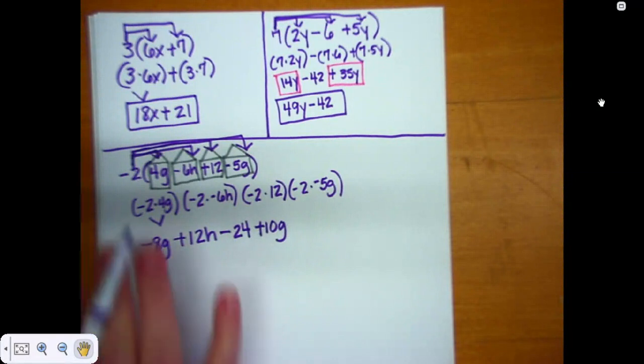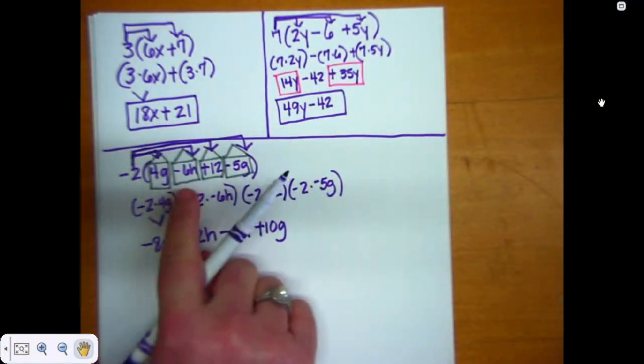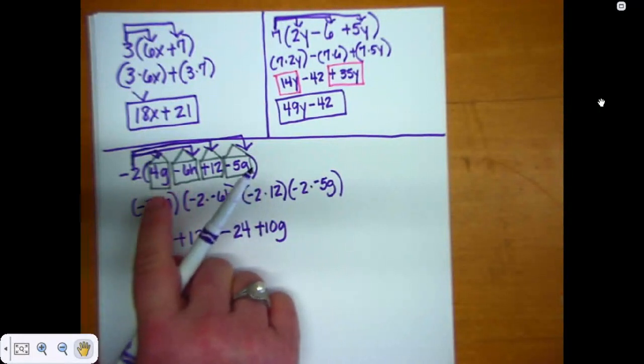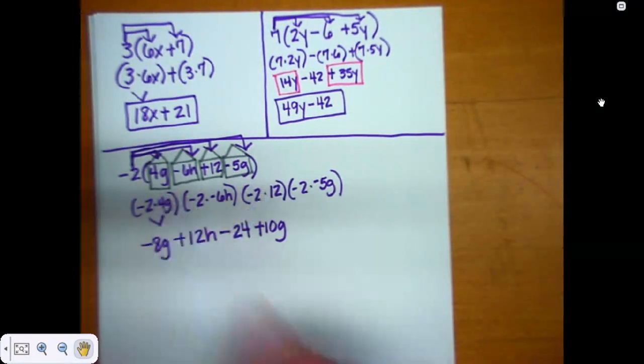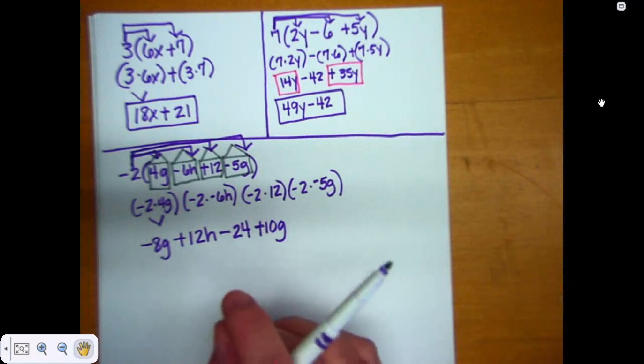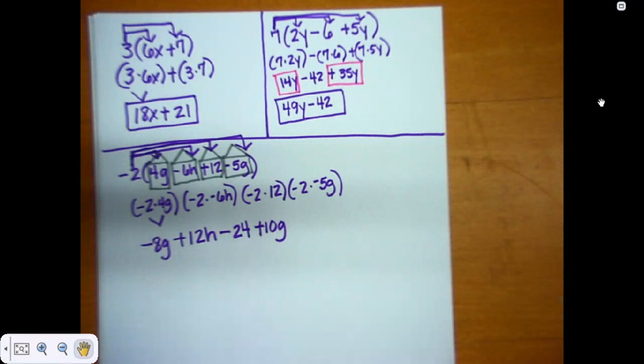Now, if I had done it like I do these up here, I would have had negative 8g minus positive 12h. Anyway, there would have been a whole bunch of negatives next to each other, which would have been pretty confusing. Actually, I started this video over because let me show you how confusing it looked.